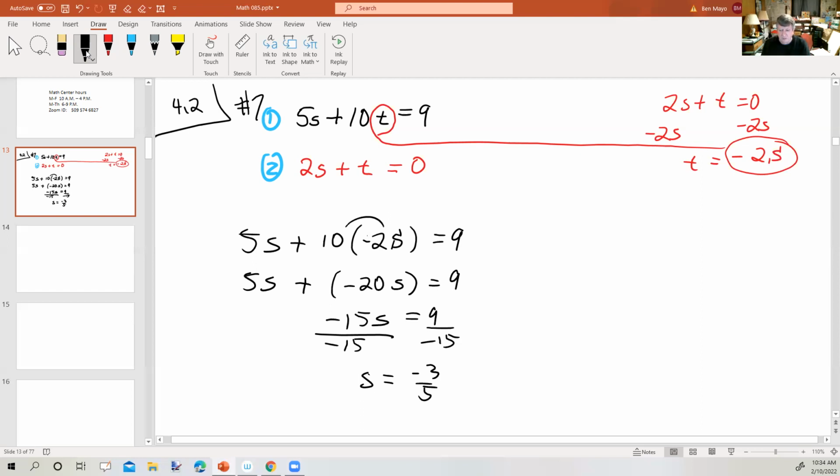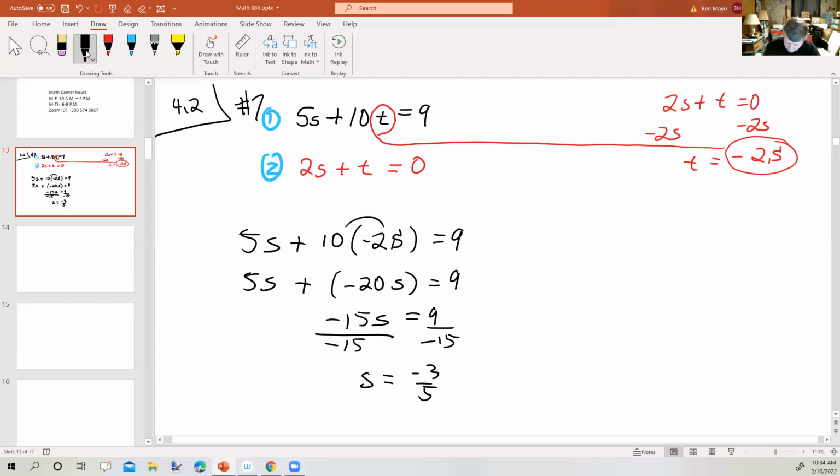If I get a number equals the same number at this point, that would mean that there are infinitely many solutions and it's the same line. If I get a number equals a different number, which is not a true statement, that would tell me that there is no solution. So I see here at the end of step 3, I have a single ordered pair. I know that s is negative 3/5. So now I have to solve for t.